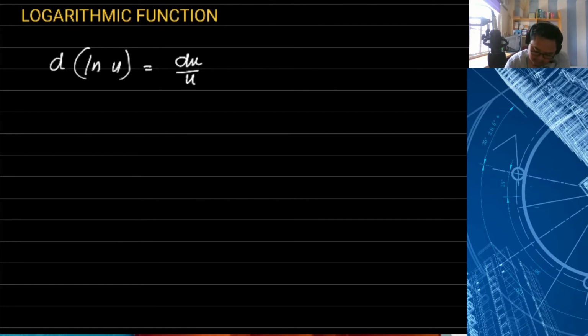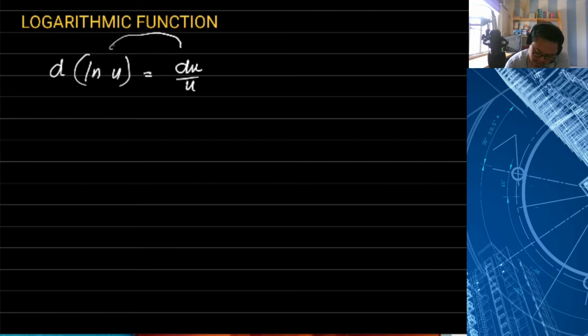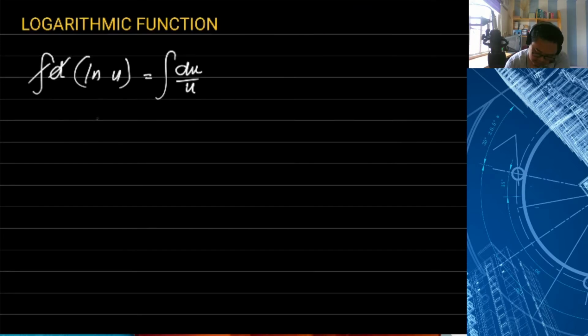And if you want this function to go back to its original equation, you have to apply integration. So this will cancel out, and what is left on the left side is ln u plus c equals integral of du over u.